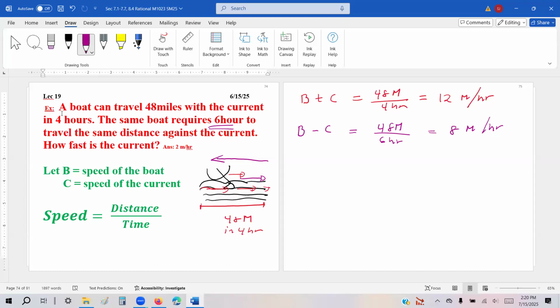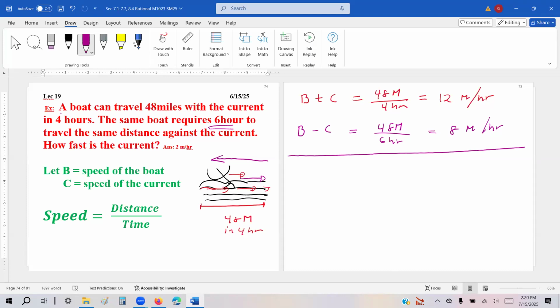Elimination, right? These are already variables, so you don't need the x. B is like x, C is like y. As long as you have a variable, it could be any variable. The main idea is we have two variables and we are going to solve them.